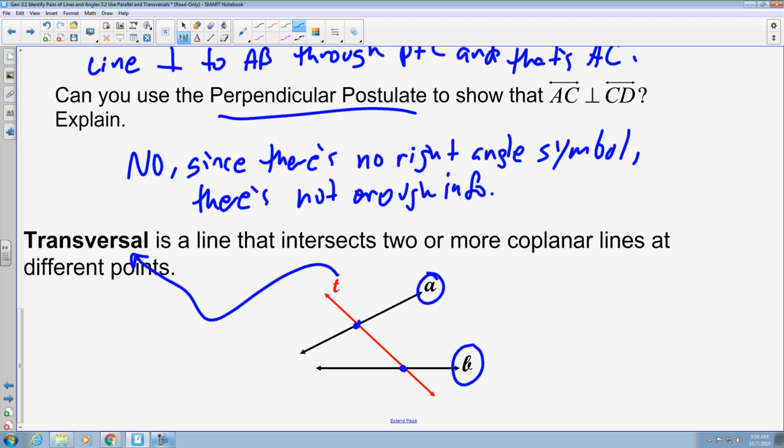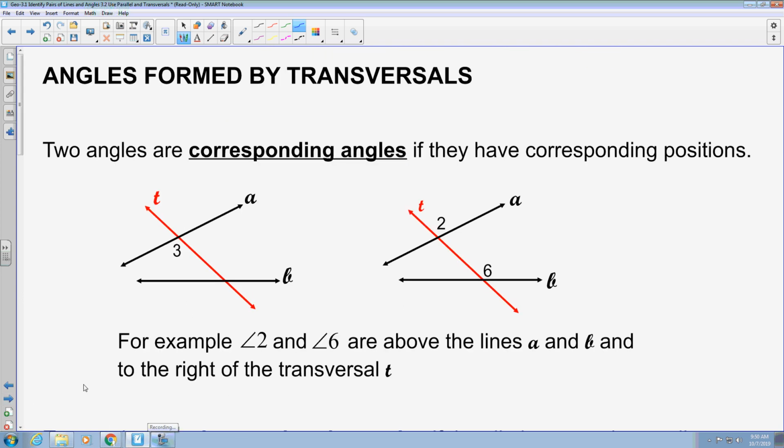The reason why a transversal is important is we're going to dive into different angle relationships for those respective transversals, and we'll be able to get an idea of what we're looking at.